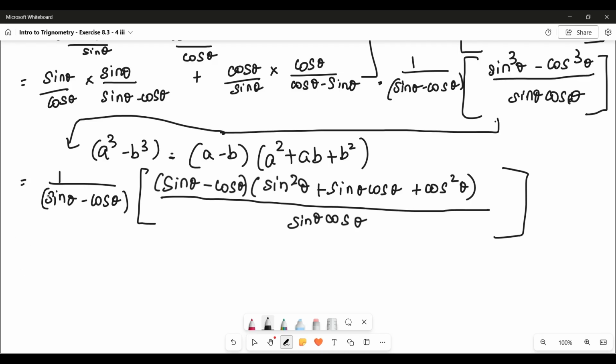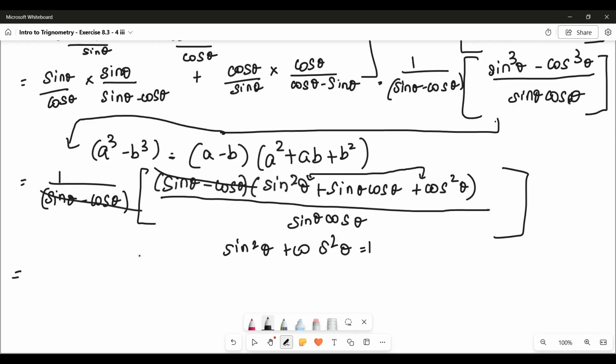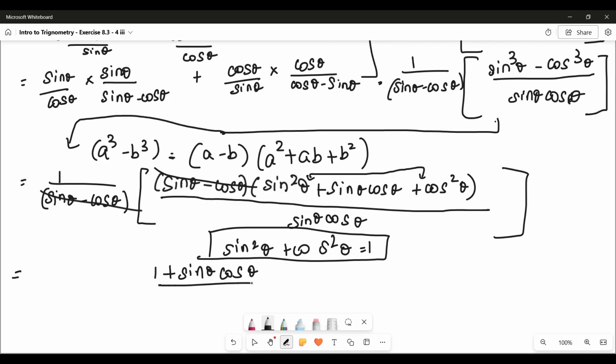Thus, this sin theta minus cos theta and this sin theta minus cos theta get cancelled because we are multiplying them. And we'll apply the first identity: sin squared theta plus cos squared theta equal to 1. So the above step becomes 1 plus sin theta cos theta over sin theta cos theta.